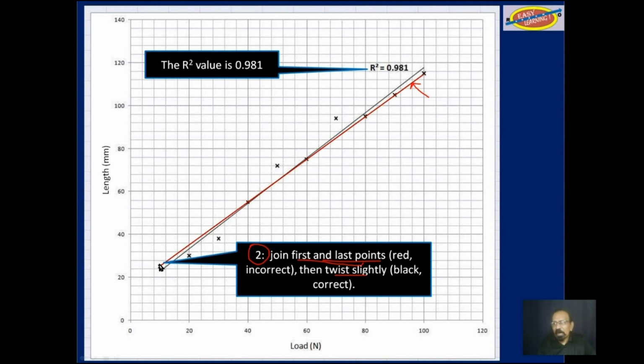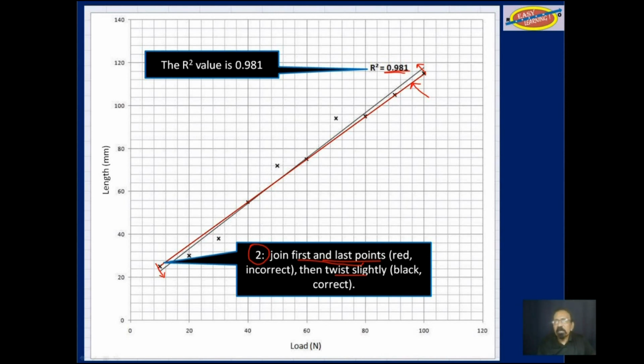That red line there, you bring it down a little this way, and this red line here, you twist it up a little that way. And you will find that you get that black line, which is computer generated. So we have a very good line of best fit with an R squared value of 0.981. Now, that's the second thing you can do.